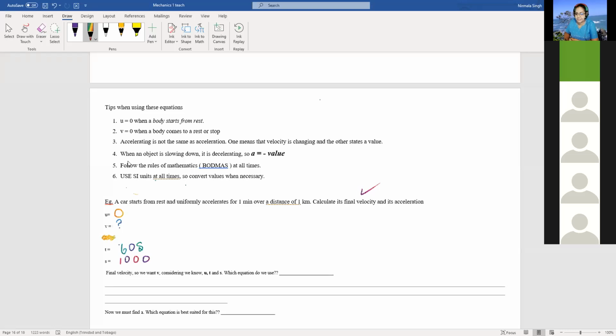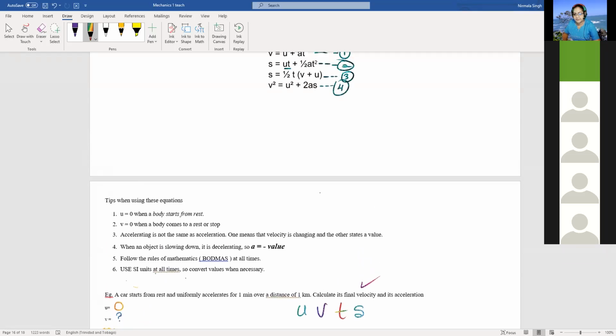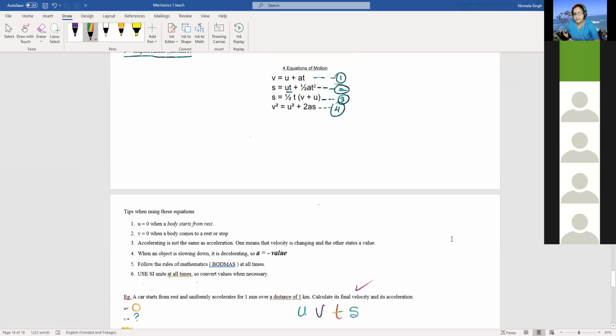What equation in your equations of motion has U, V, T, and S? Equations 1, 2, 3, or 4. Which one has only U, V, T, and S?